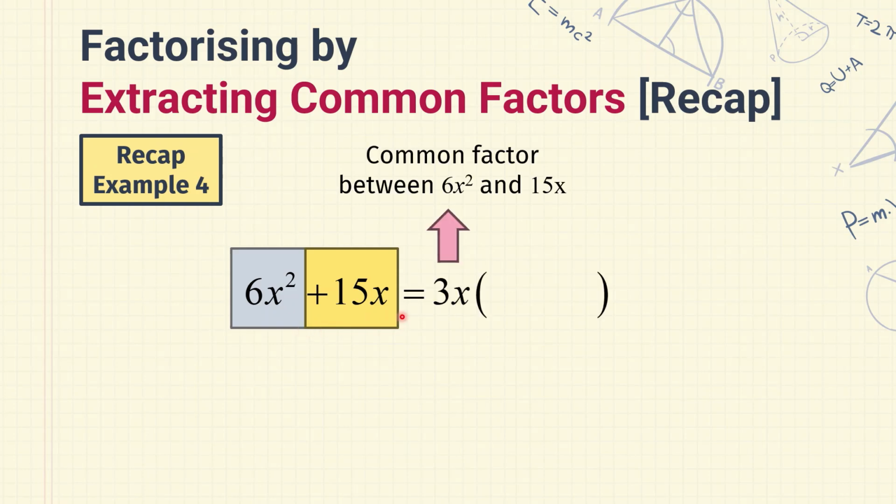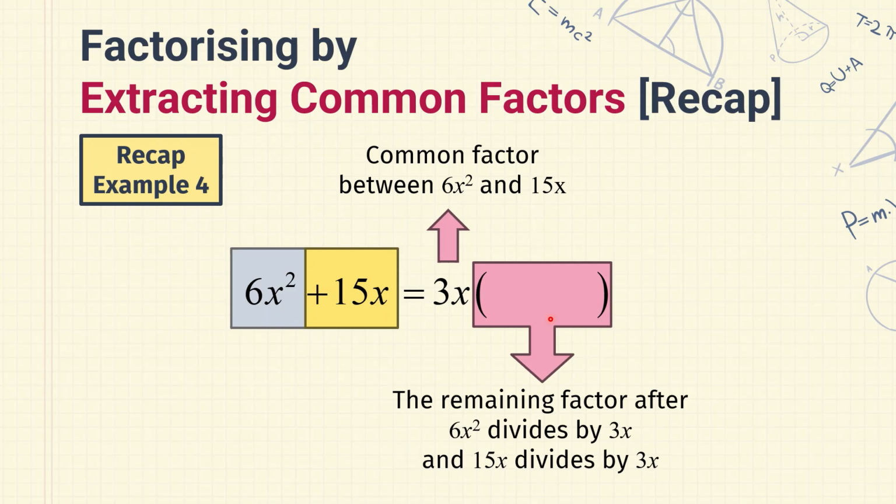So we will take that out, 3x, and then we need to fill in the blanks inside the brackets. That is by taking 6x squared dividing by 3x, and that is left with a 2x, and then 15x divided by 3x, that will be a positive 5. And therefore this is the answer for this example 4.